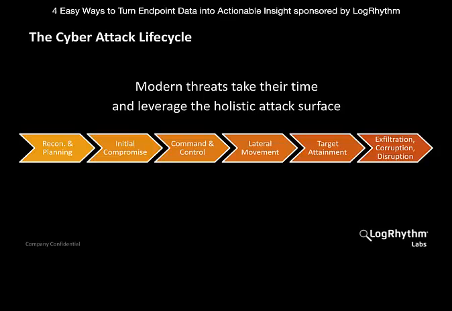And then they move into an initial compromise, landing that spear phish or just an ad drop or leaving a binary. Then they move into command and control, where systems are receiving further instructions, getting payloads from the adversary, and moving on to lateral movement, where maybe someone will pivot into a data center or more interesting workstations, or sometimes that remains on that machine, but a privilege escalation while they're moving on to target attainment.